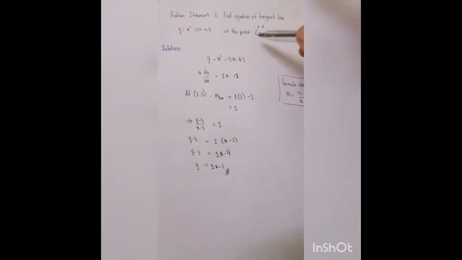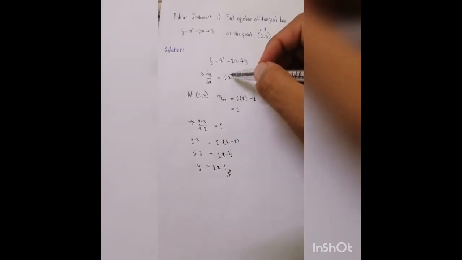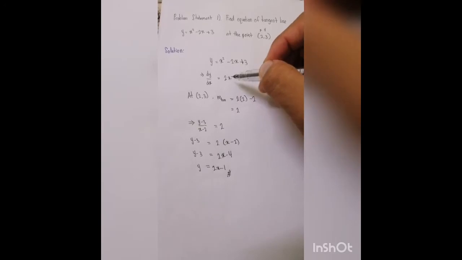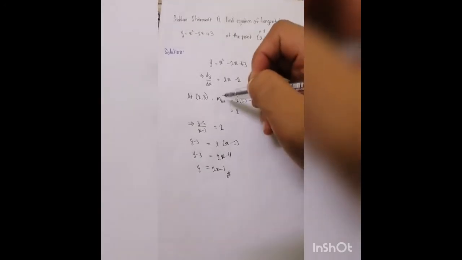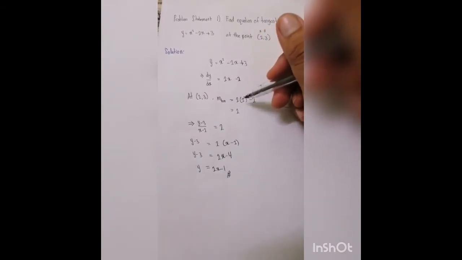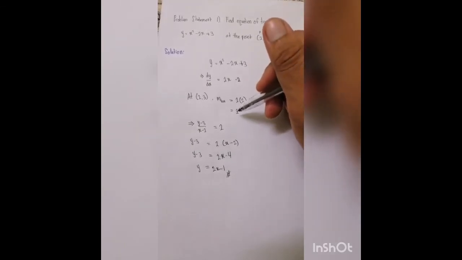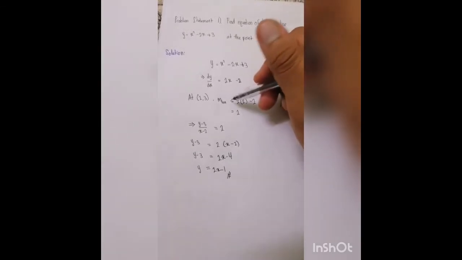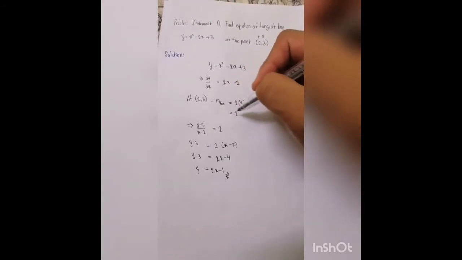Then from the point given, we substitute the value of x, which is 2. So the gradient of the curve, we get 2 times 2 minus 2. So we get 2. The gradient of the curve is 2.